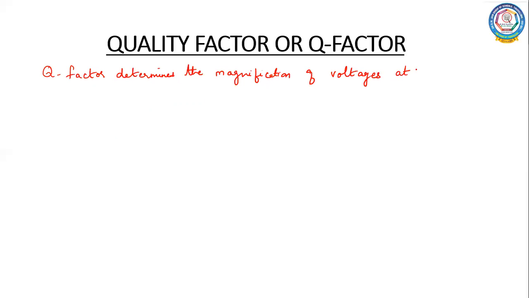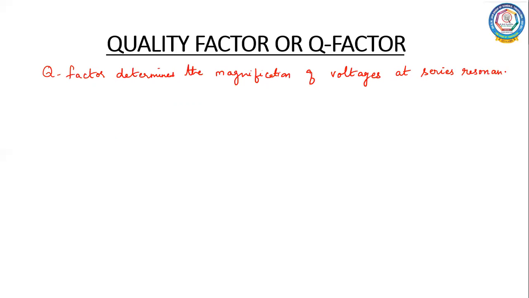Okay, now with this we are moving on to the next topic, which is called quality factor. Quality factor, otherwise Q factor. So what does this Q factor determine? This Q factor determines the magnification of voltages at series resonance.